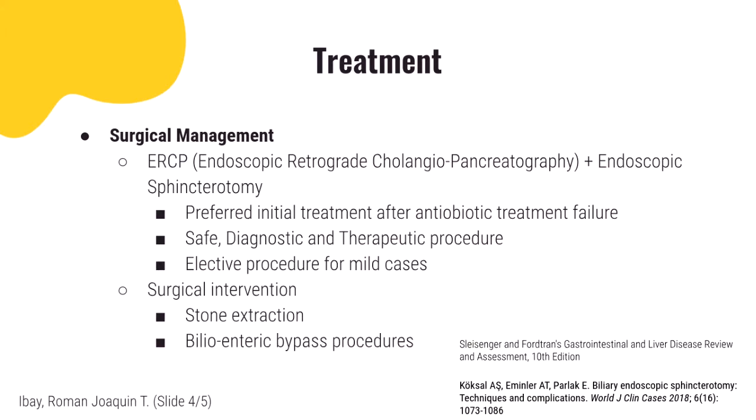On a clarification, ERCP plus sphincterectomy can be used for elective procedures for mild cases of acute cholangitis based from Schlesinger. It is also important to note that you'd have to treat the underlying causes. So you'd have to remove the stone, and you can also do bilioenteric bypass procedures to preserve the flow of the bile.